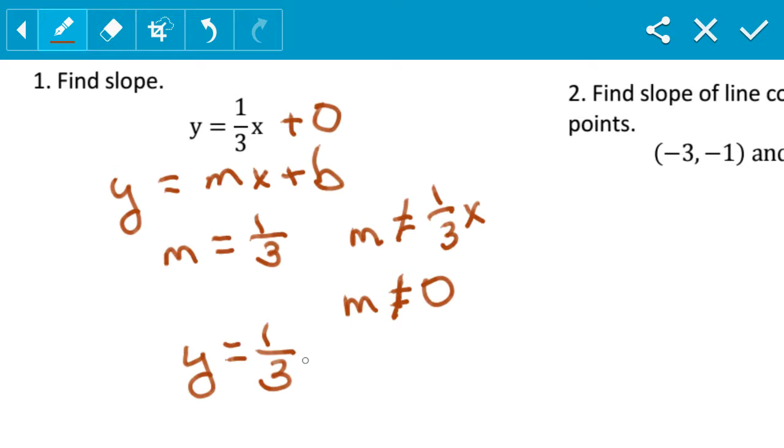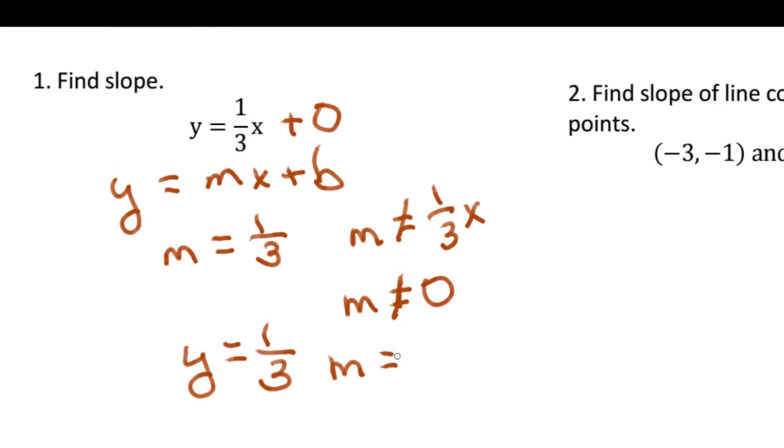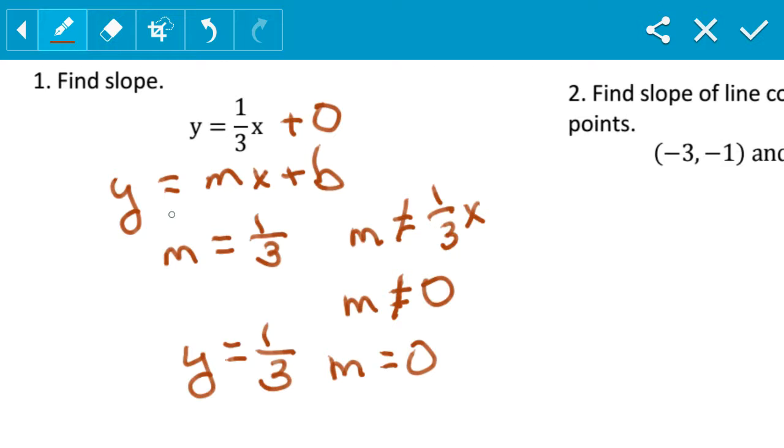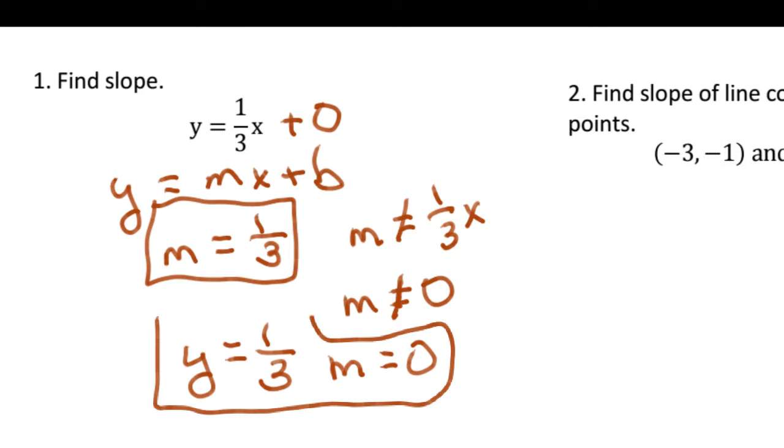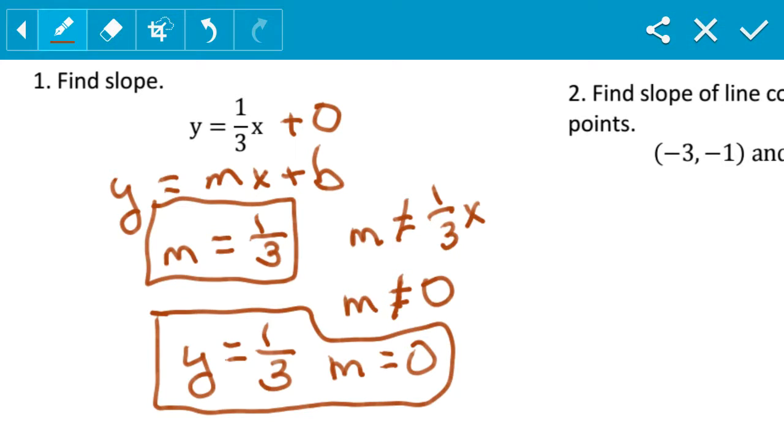In the second one, we don't. So in this second equation, y equals 1/3 means we have a horizontal line, and that means m does equal 0. So for the problem at hand, we have this, but if your equation had been y equals 1/3 with no x, you would have had m equals 0.